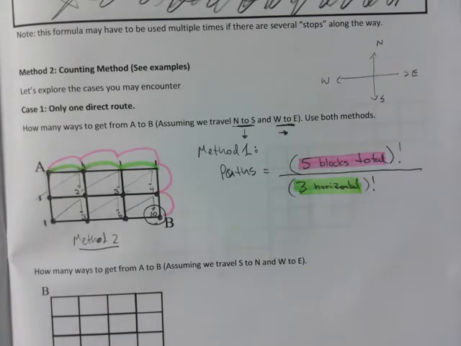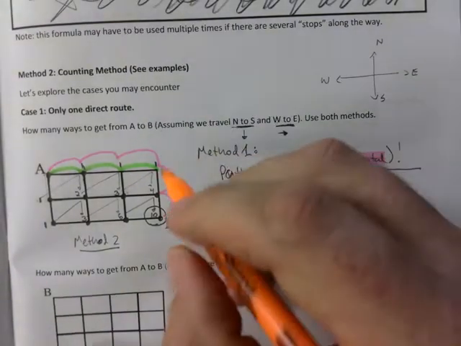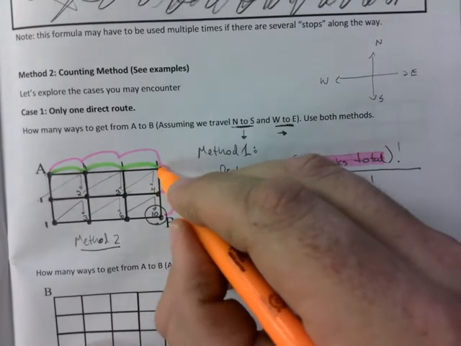And I will use yellow. Maybe I'll use orange. Then this way, there's 1, 2 blocks vertical. Factorial that as well.